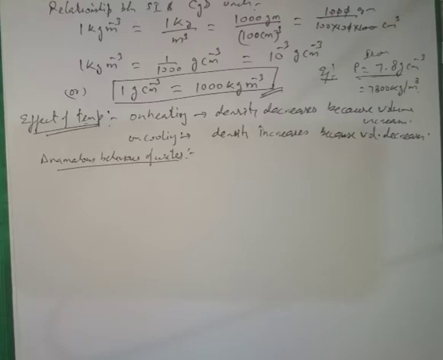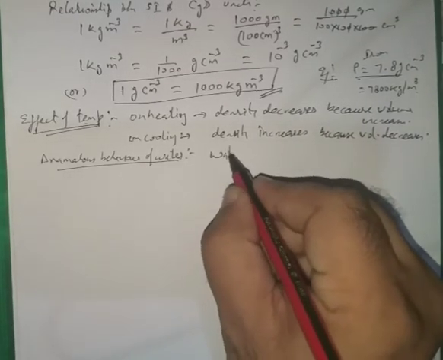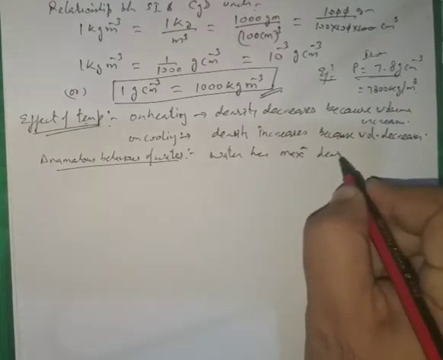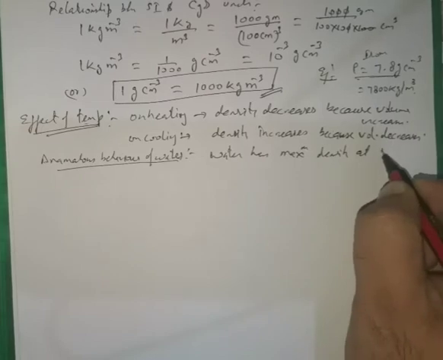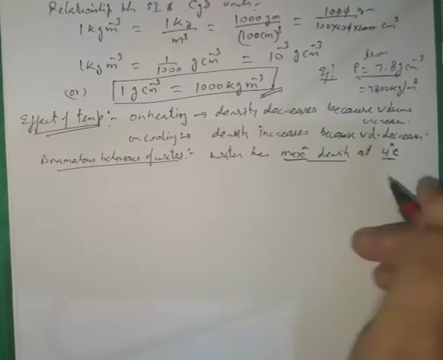Then its density decreases. So water has maximum density at 4 degrees Celsius.